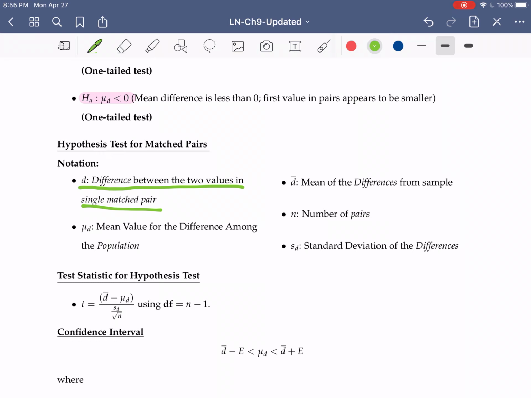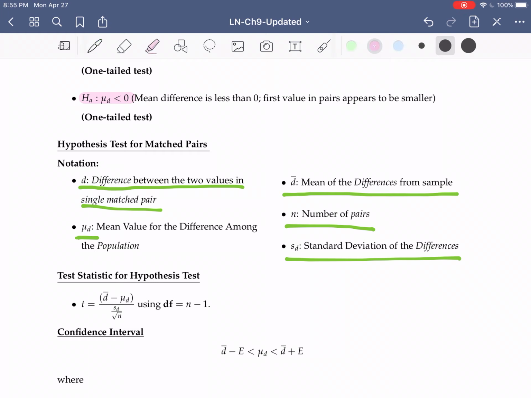And so we get all of these differences, and then we're making a hypothesis about the mean of all of those differences. So D bar is the sample mean from all of those differences. N is representing the number of pairs, and S sub D is not the standard deviation in an individual, but it's the standard deviation among all of those differences.